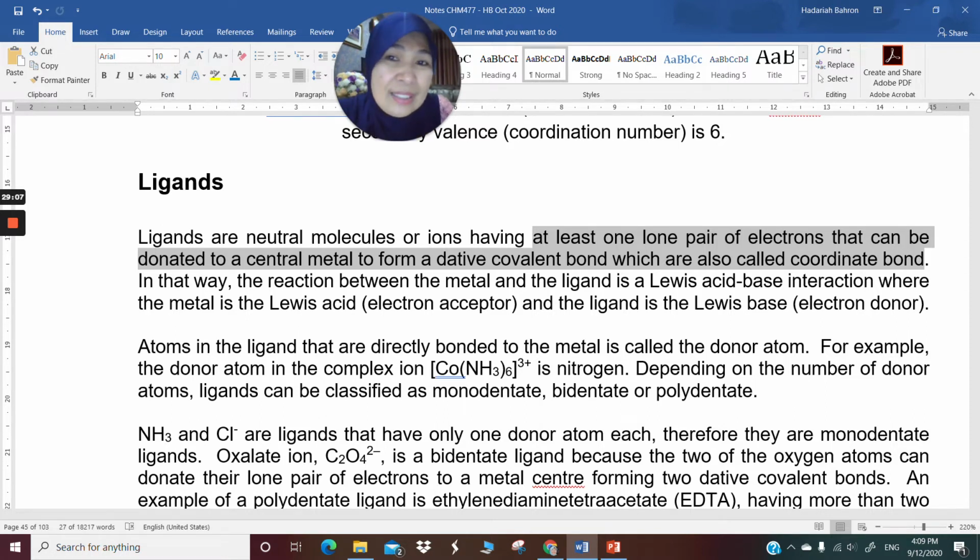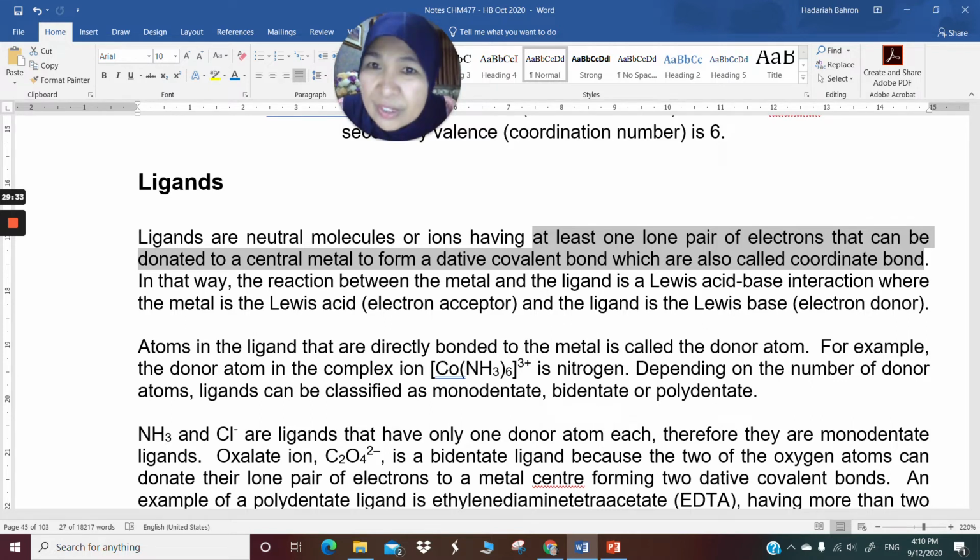But this is not any ordinary covalent bond. This is called the dative covalent bond. An ordinary covalent bond is when, for example, hydrogen bonds to oxygen. One electron comes from hydrogen, another electron comes from oxygen. So there are 2 electrons making a pair, and the 2 electrons are shared between the hydrogen and the oxygen.